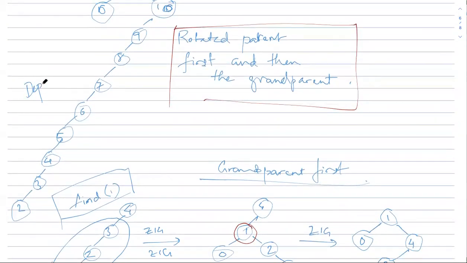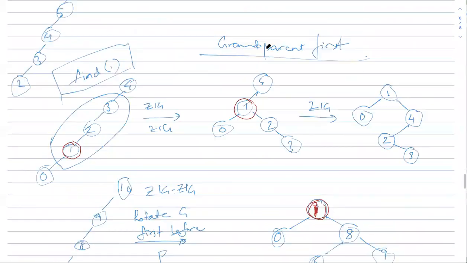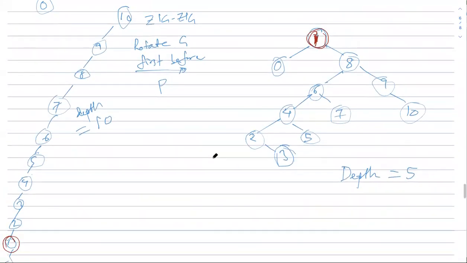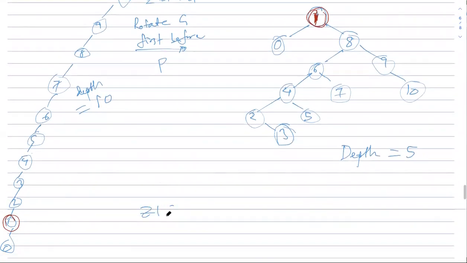So the depth is 9 if we had applied the rotation around the parent first. And that is why they have established that the zig-zag rotation means grandparent first.